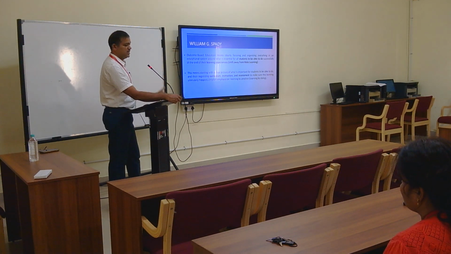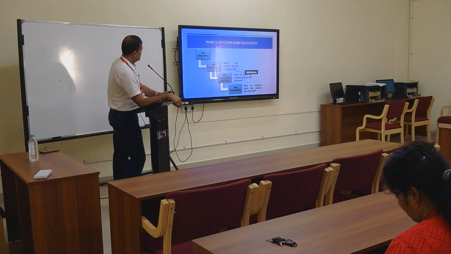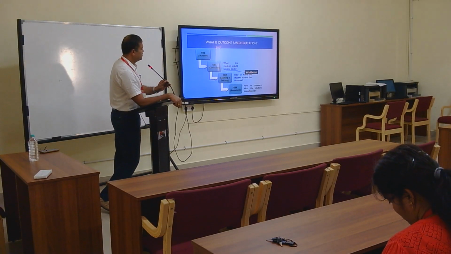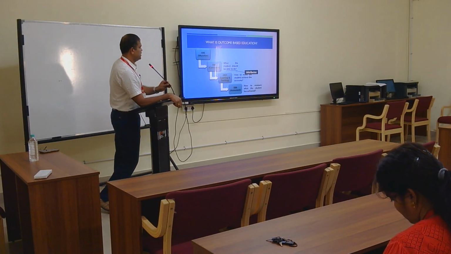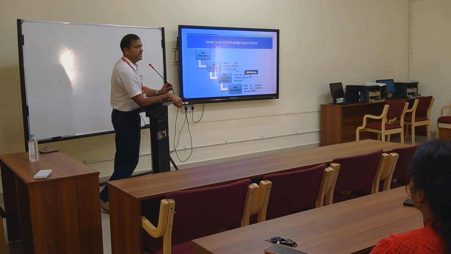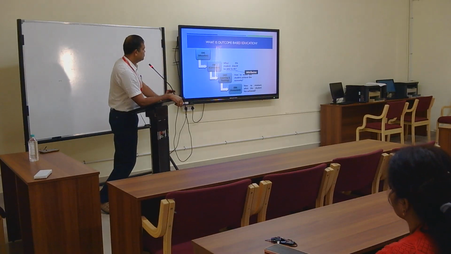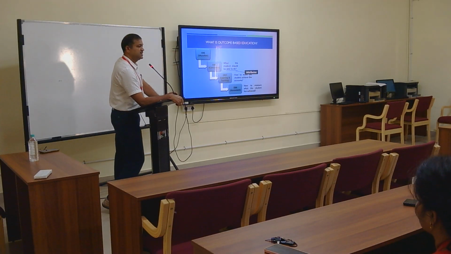So this is what outcome-based education is. In the OBE curriculum, what should the student be able to do? We have attributes, the graduate attributes, which we call the program outcomes. And assessment: how to measure what the student has achieved.